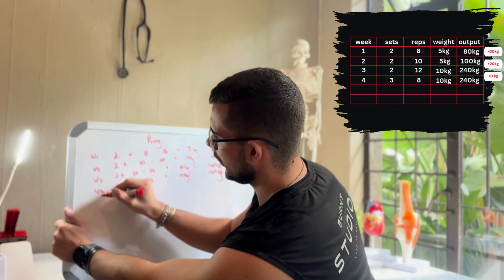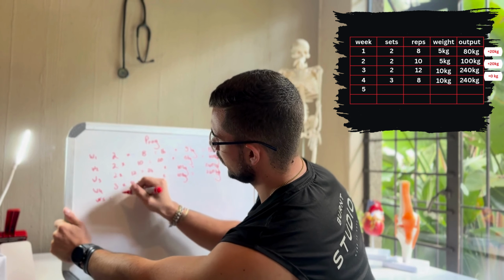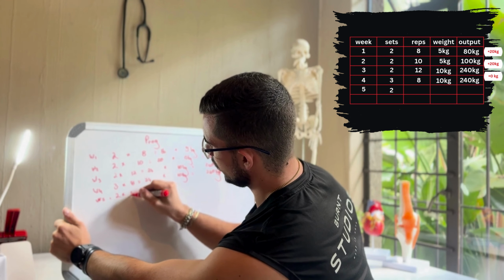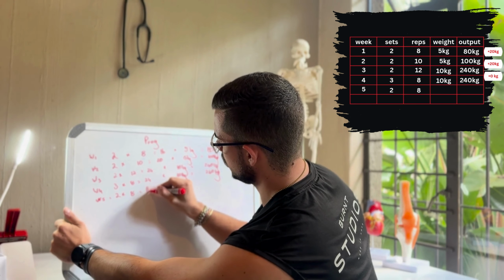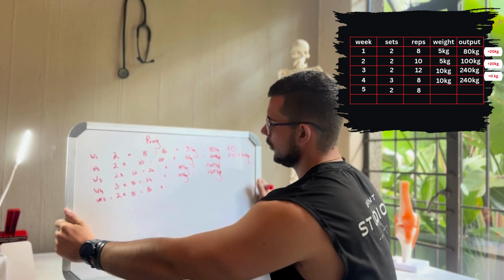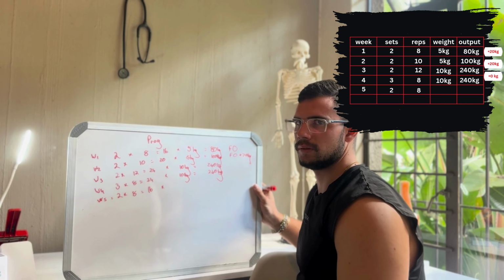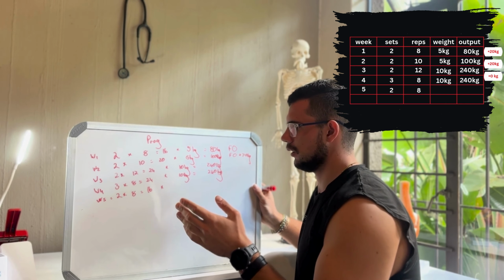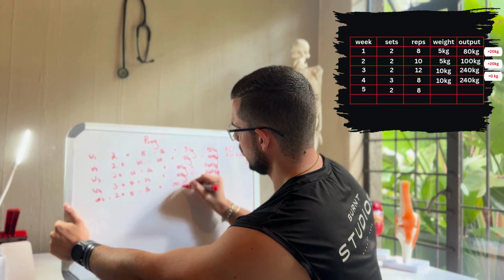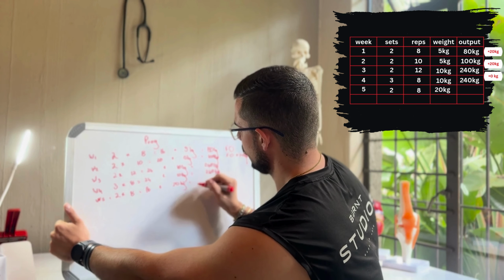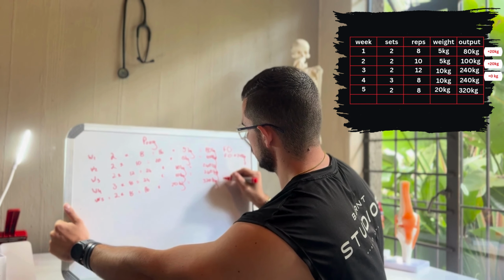So if we say in week 5, your patient did 2 sets of 8 reps, which is going to give you 16, now you've placed the weight at 40 kgs, for instance. Are we going to make it 40? No, we're going to make it 20.